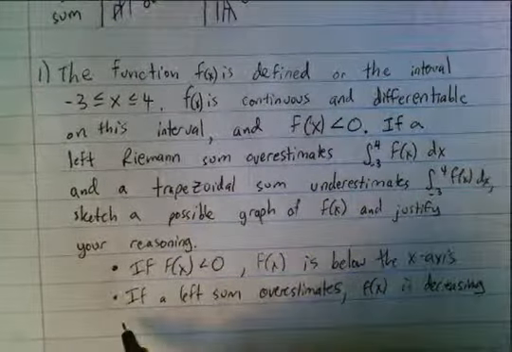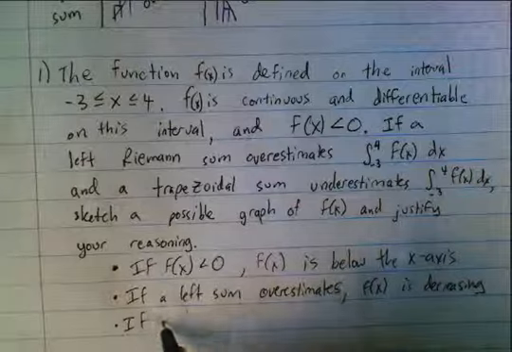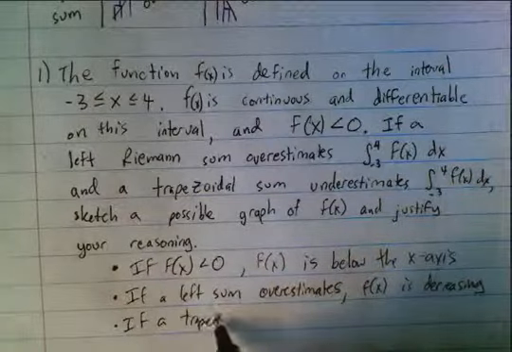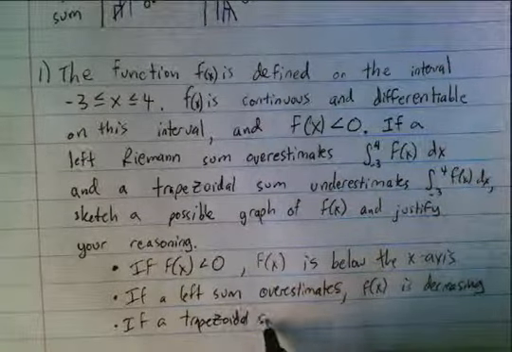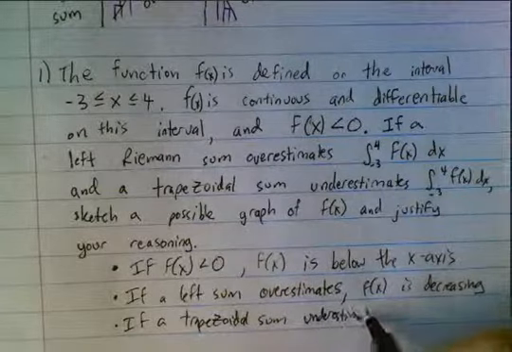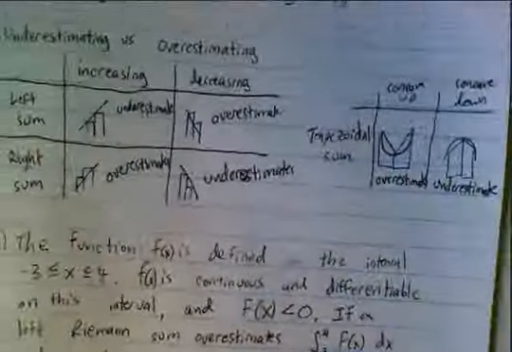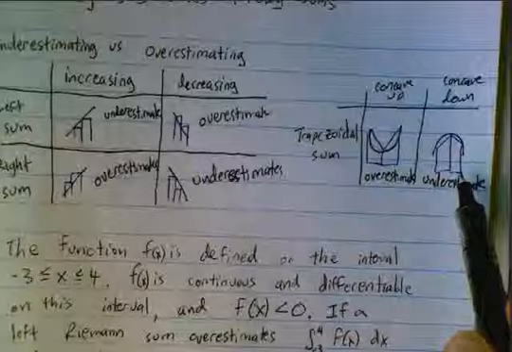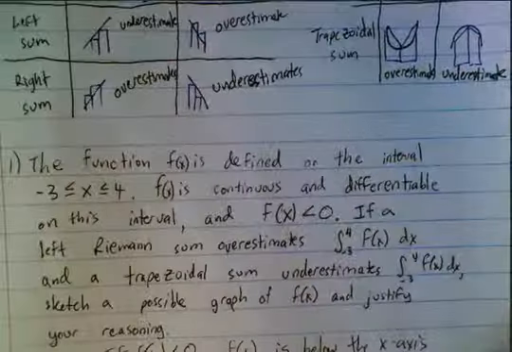And if we're told a trapezoidal sum underestimates, over here, f of x must be concave down.